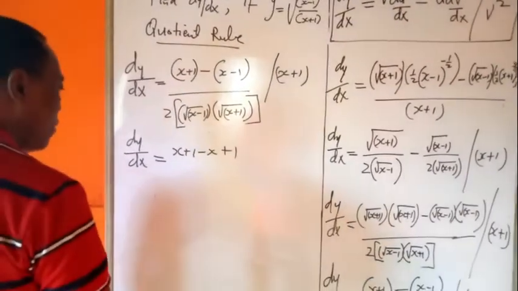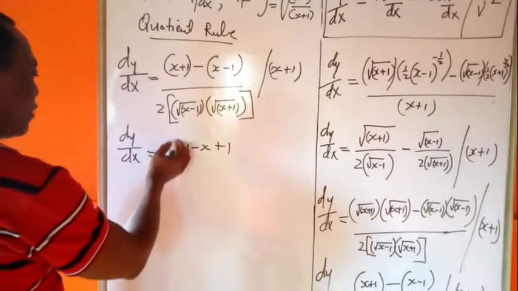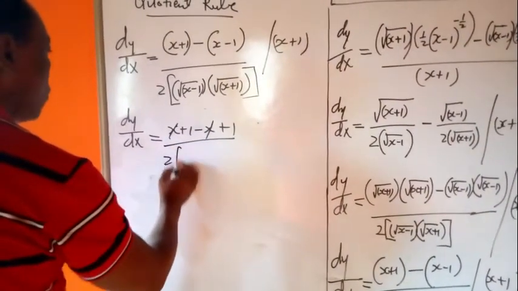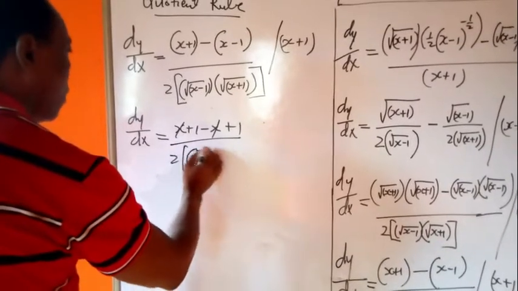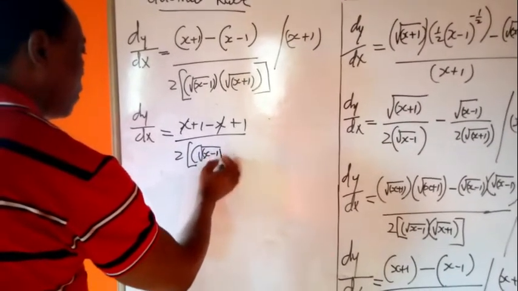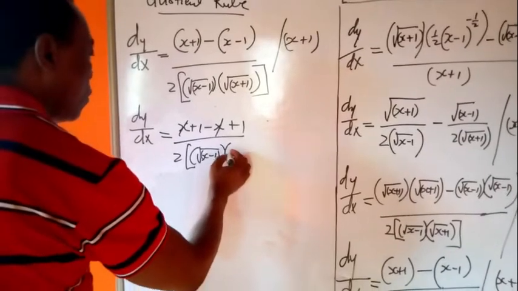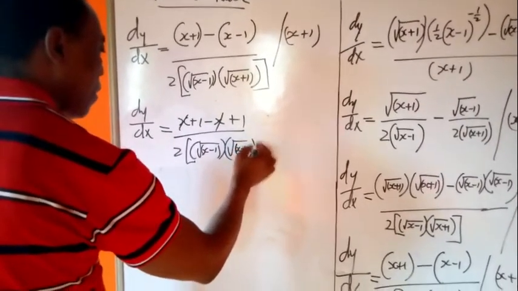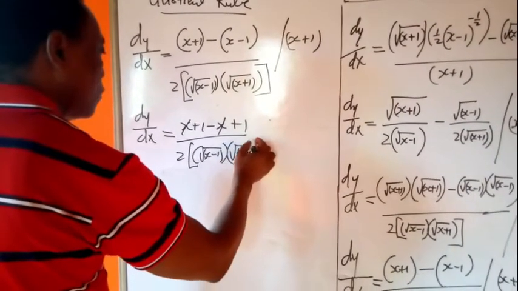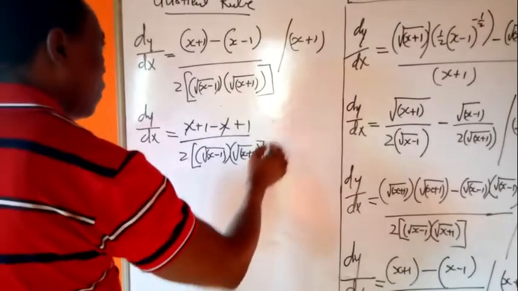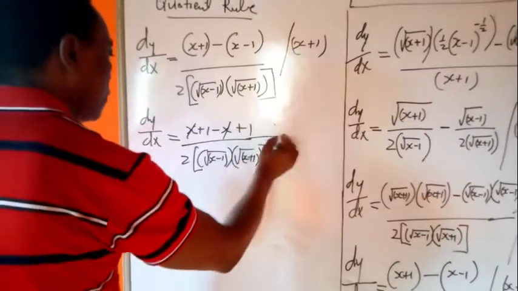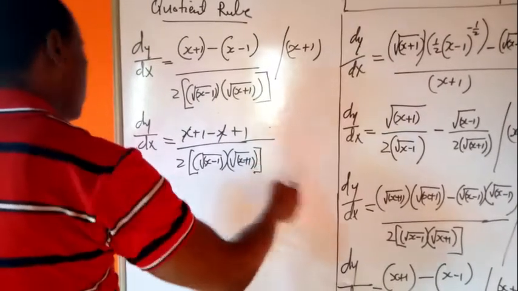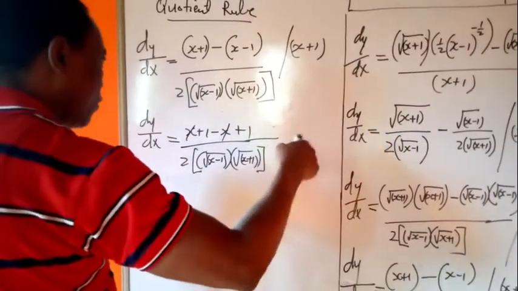So x minus x will cancel out, all over 2 into root x minus 1 into root x plus 1. And bring in this one all over x plus 1.